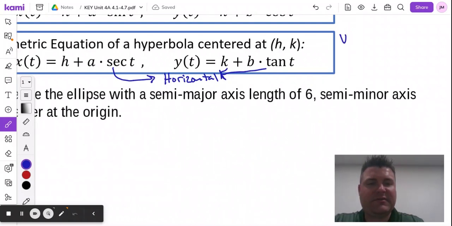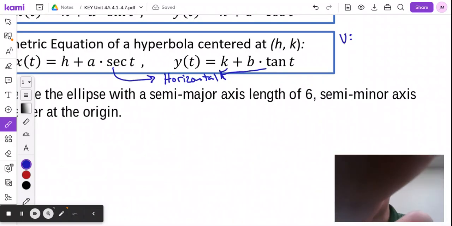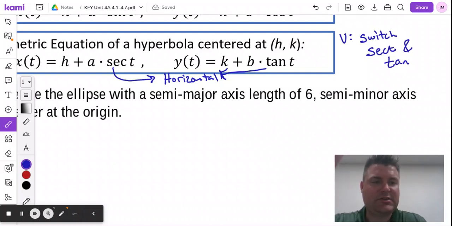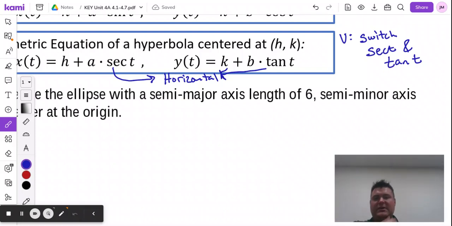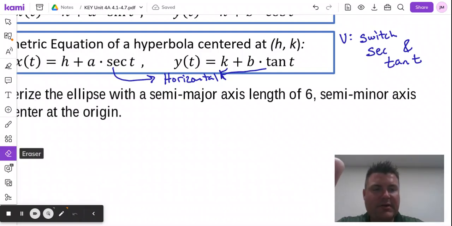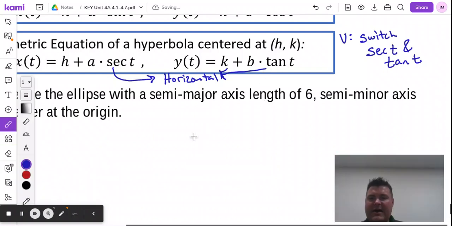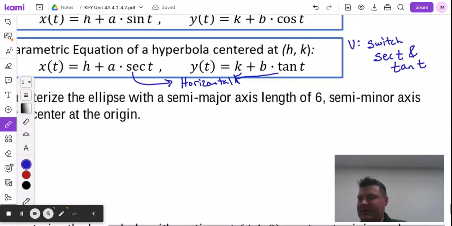If you ever want the vertical, you're going to switch the secant of t and tangent of t. All right, so if you want to, you can switch those. Let me fix that. We're adding a bit here.